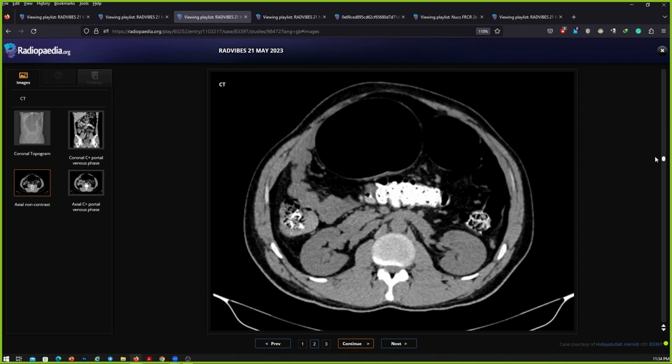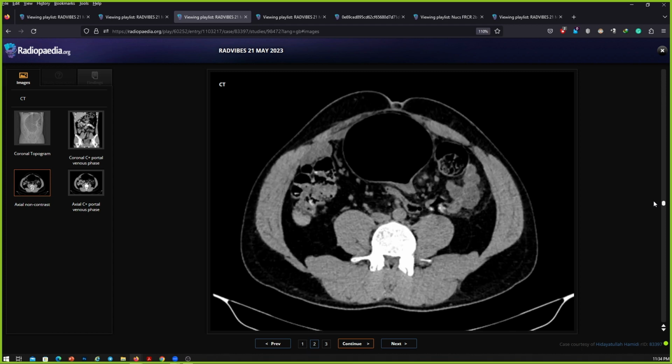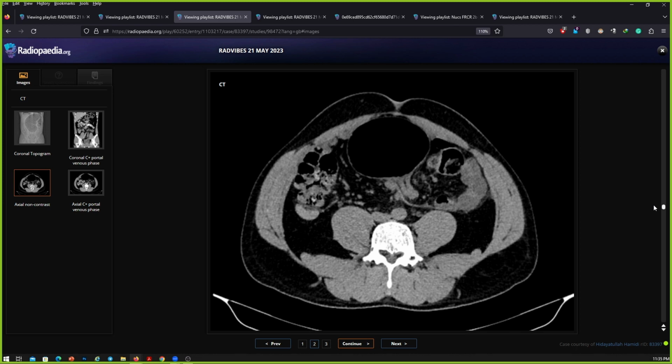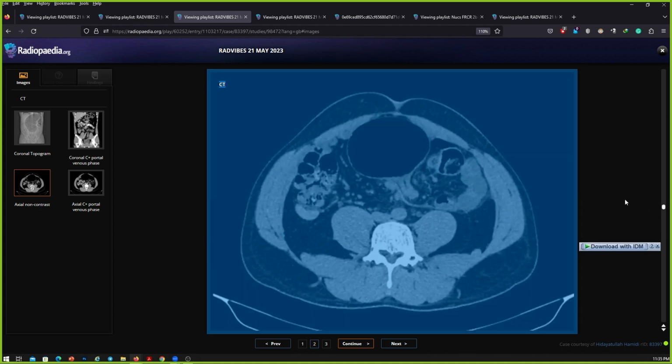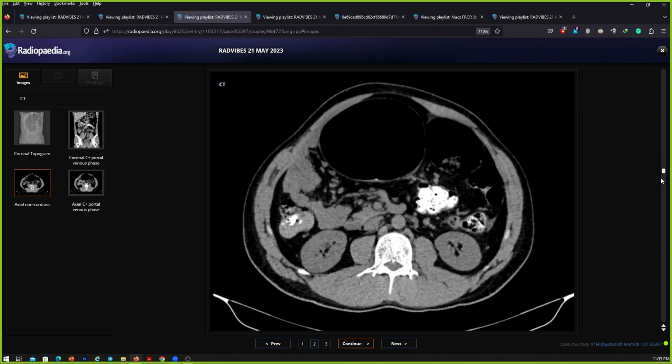I can also see there is an abrupt transition point, with the transition point appearing like a beak, and the cecum is also not in the normal position. So the most likely appearance of this is a cecal volvulus. Looking to my review areas, I'd like to look for any pneumoperitoneum or any ischemic changes in the bowel loops.